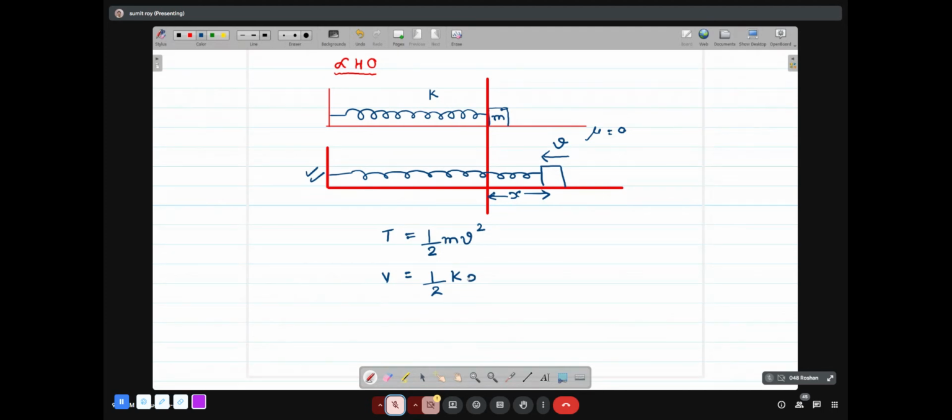This is half kx square, potential energy of a stretched spring. What will be the total energy? T plus V. So you have this total energy as half mv square plus half kx square.